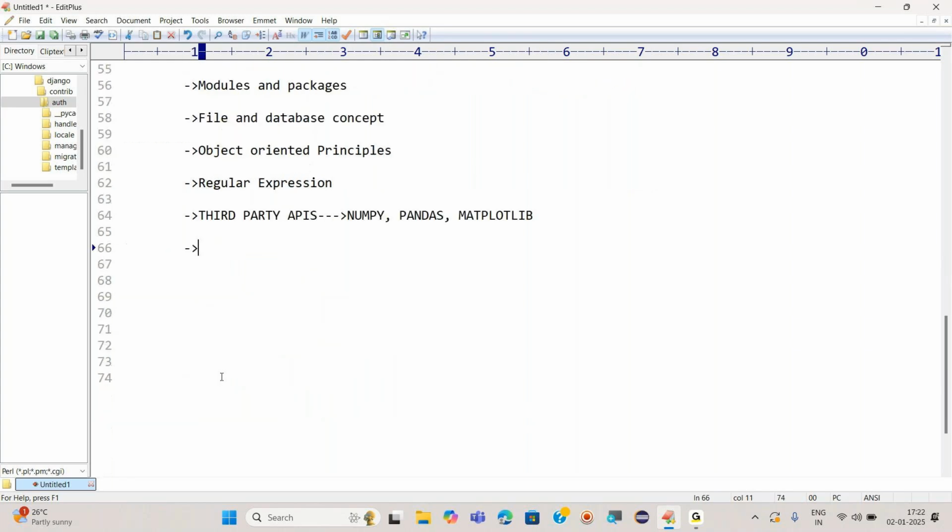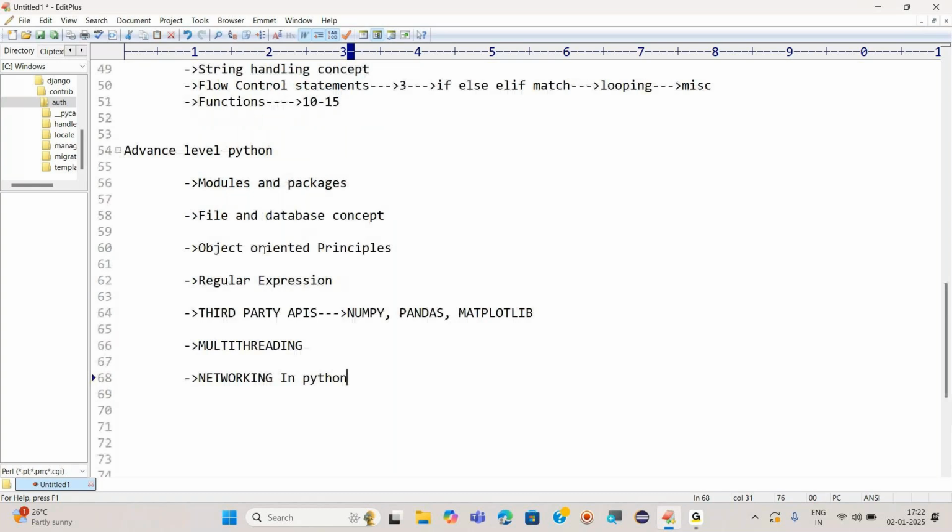Along with this, we will be completing multi-threading. And at last, we'll be completing the networking concept, networking in Python.